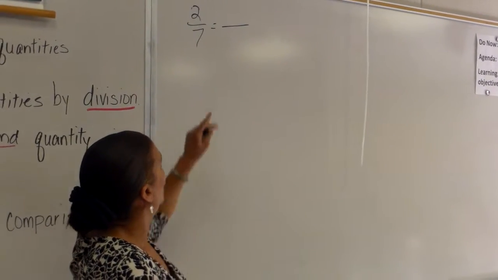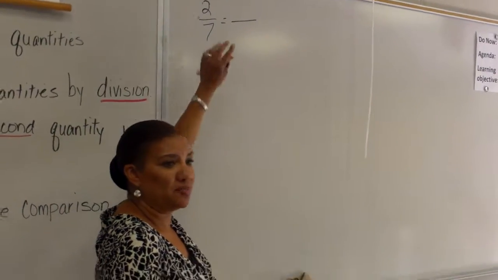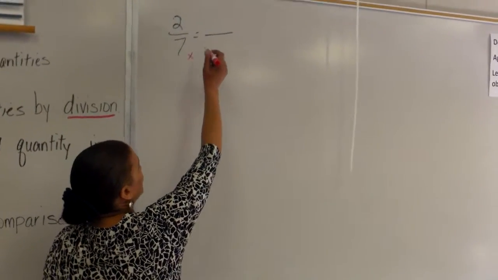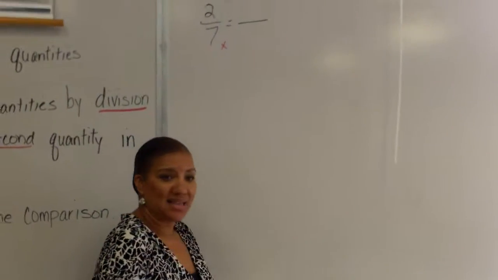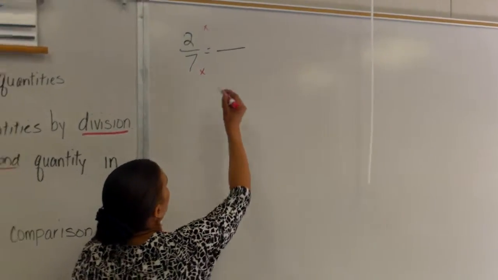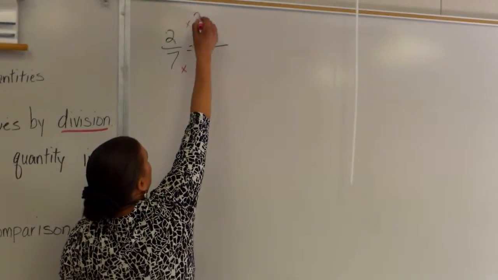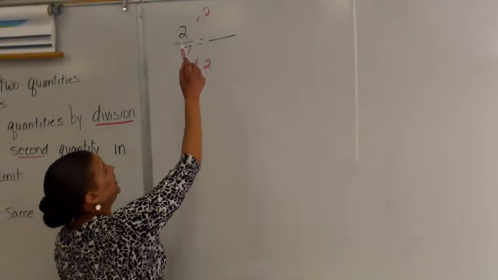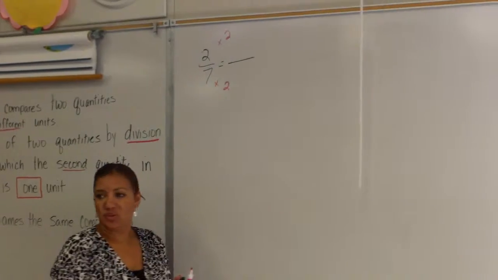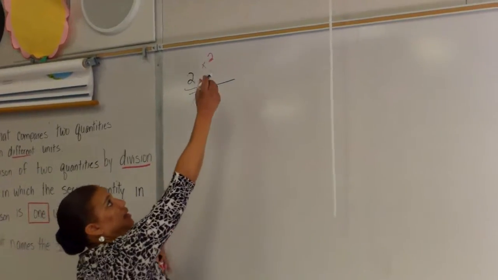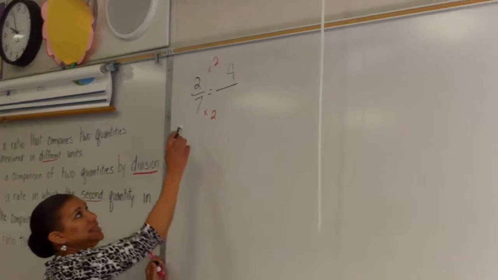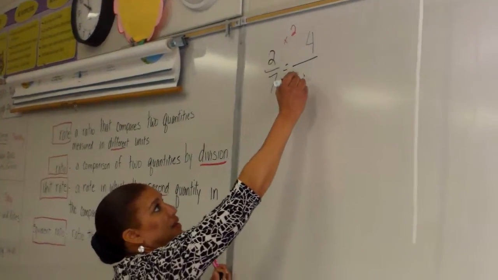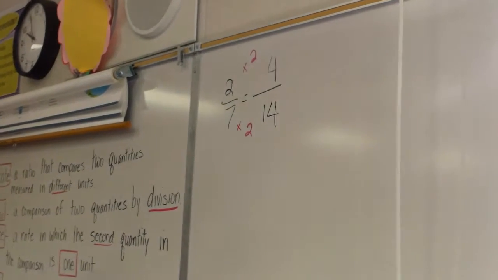So how do I do that? I want to find the equivalent ratio of boys to girls, 2 to 7. So I'm going to multiply the top and the bottom by the same number. Let's say I multiply the top by 2 and I multiply the bottom by 2. 2 times 2 equals what? 4. 7 times 2 equals 14.